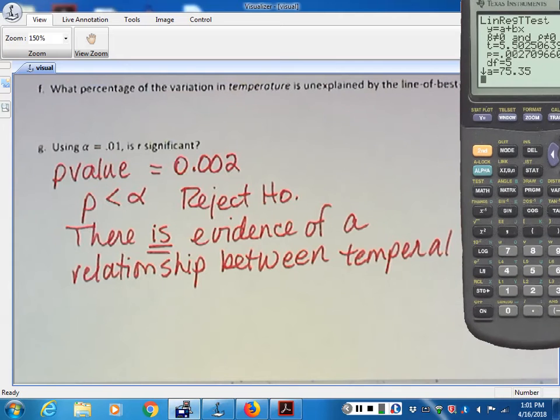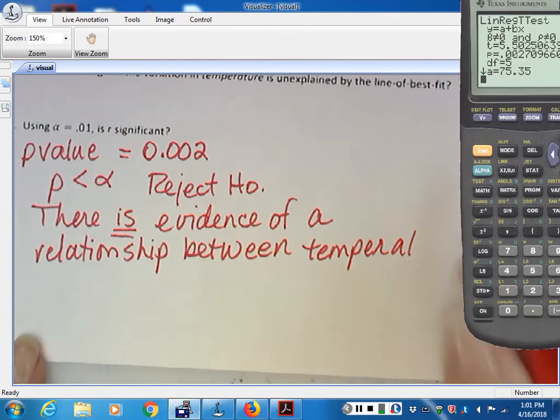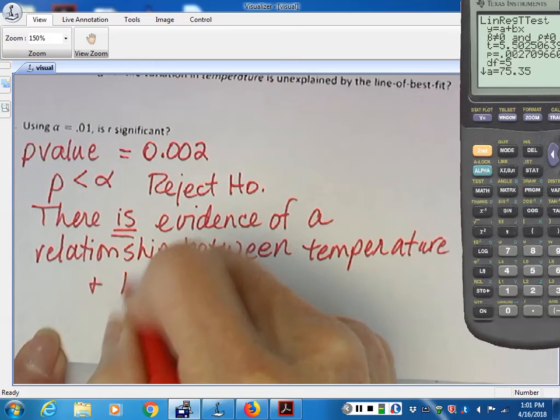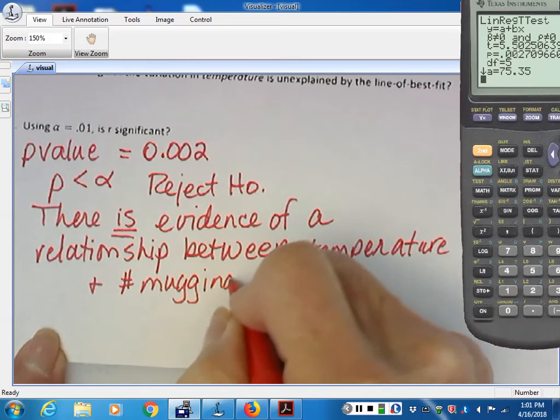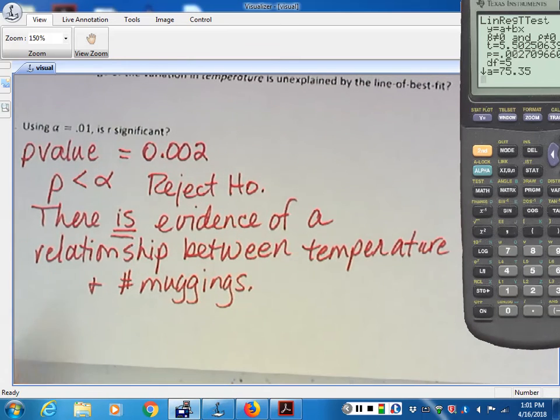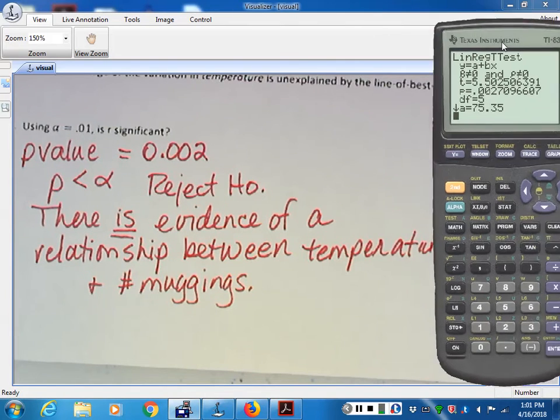It says there is evidence of a relationship between temperature and muggings. Okay?